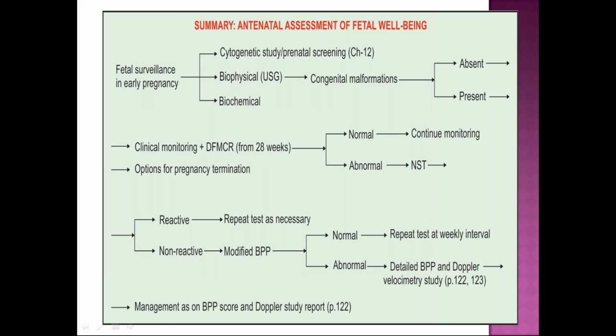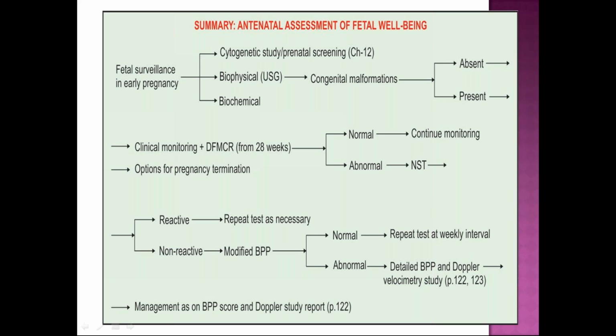This is the summary of antenatal assessment. In early pregnancy, basically we look for congenital malformations and see whether the pregnancy can continue, and what management or treatment we can give her for continuation of pregnancy.